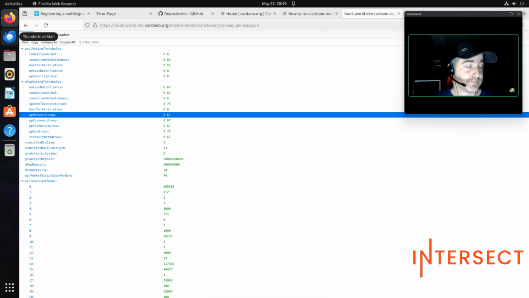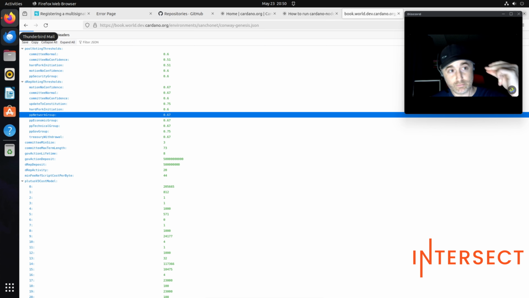The thing is, to start up another pool is 1,000 times harder than it is to spin up a new DRep. I can create a DRep right now from scratch with barely 8 lines of code. Barely 8 lines. Snap of a finger.